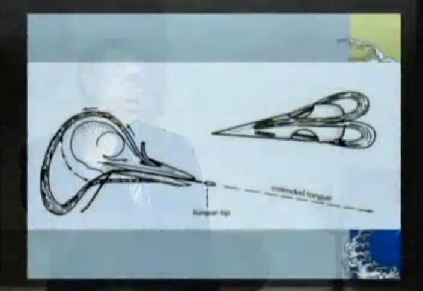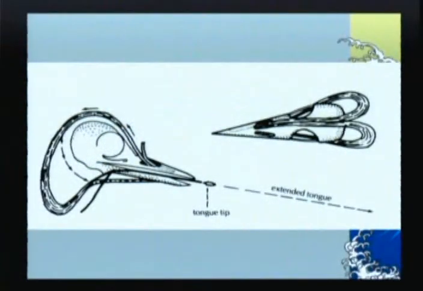Let me show you. Now, we're going to take a little journey here. I'm going to use some red arrows. We're going to start at the tip of the tongue of a woodpecker, and we're going to follow it back into the throat and into the head. The tongue of the woodpecker does not attach to the lower jaw. It's like no other vertebrate around. We start at the tip of the tongue and go back into the beak.